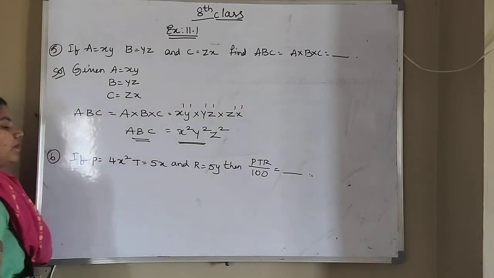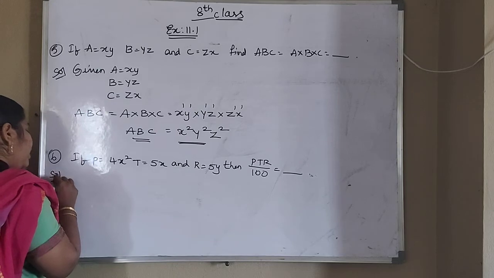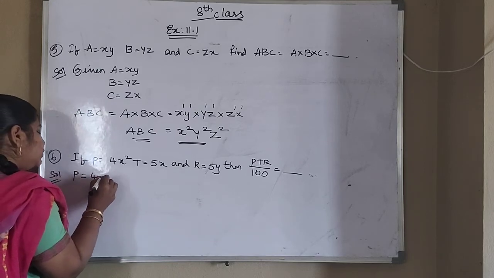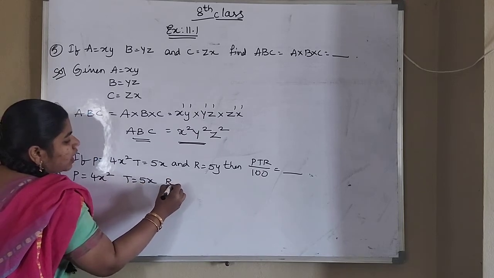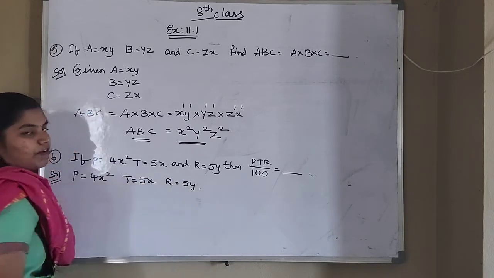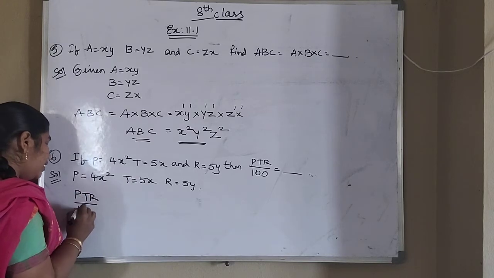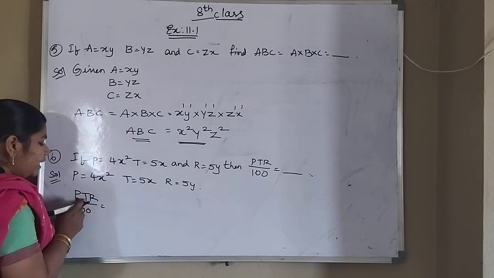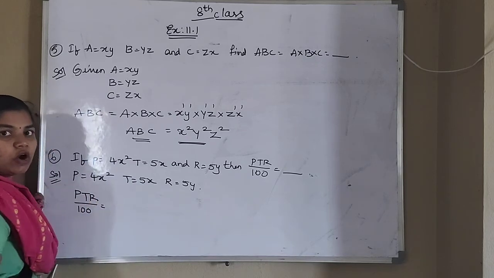So what is the value of PTR by 100 we have to find. So what they have given? P value they have given as 4x square, T value as 5x, R value as 5y. So what we have to find? PTR by 100 we have to find. PTR is nothing but P into T into R. We have to multiply all the terms.